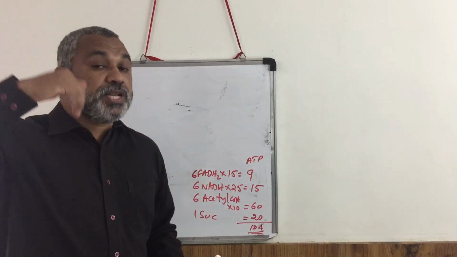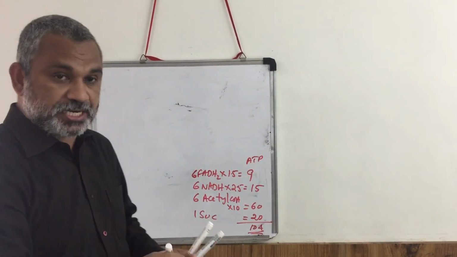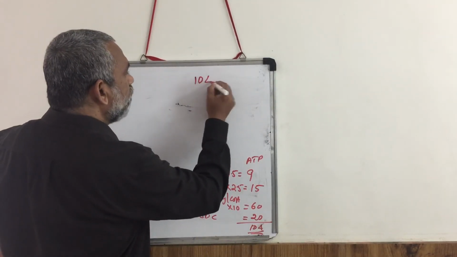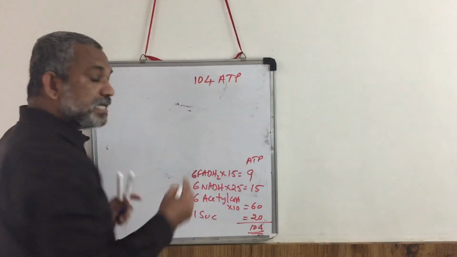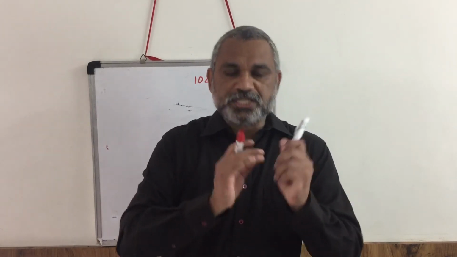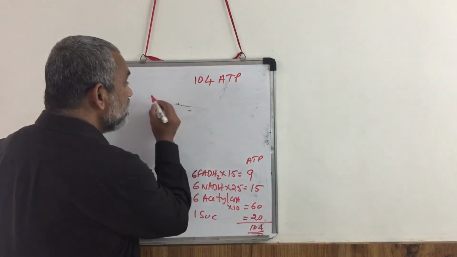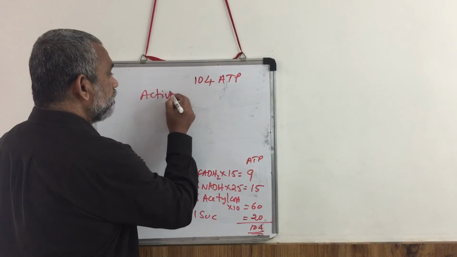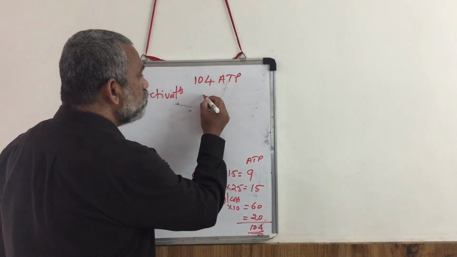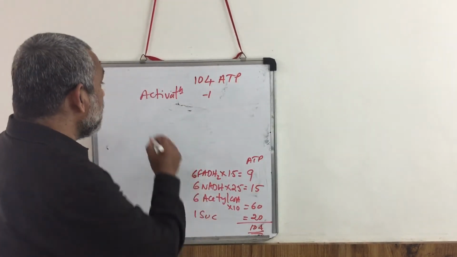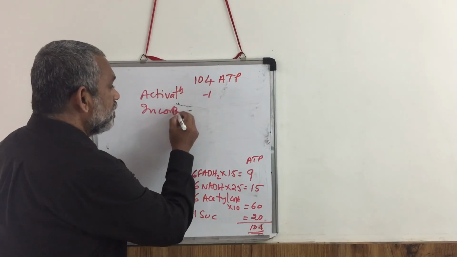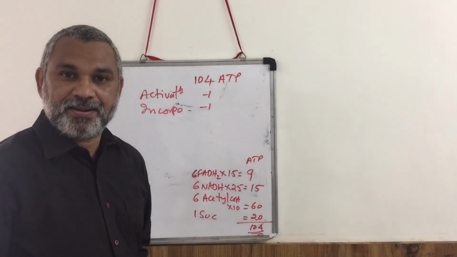But we need to incorporate the energy that we have invested. So here we have 104 ATP molecules as the yield from an odd chain fatty acid. Remember, for activation we have used minus 1. For incorporation we have used minus 1.